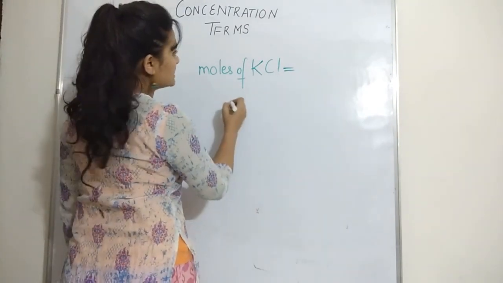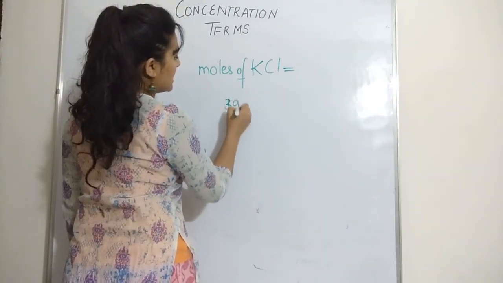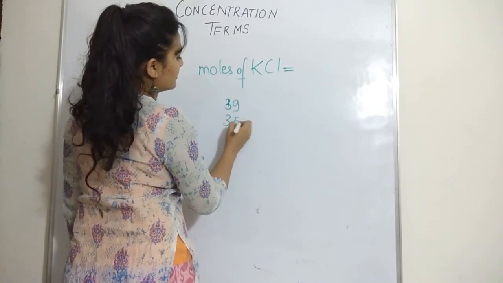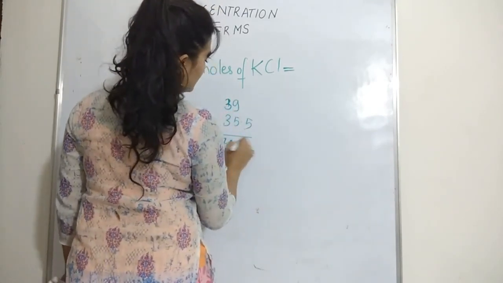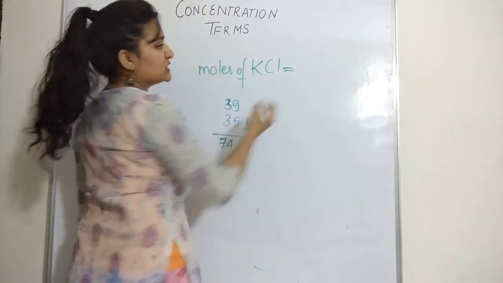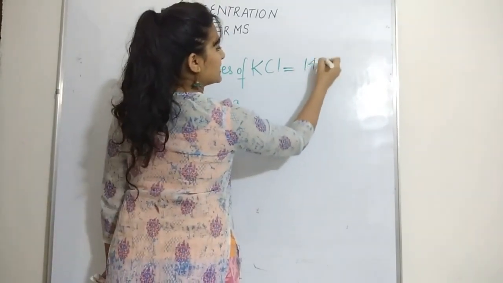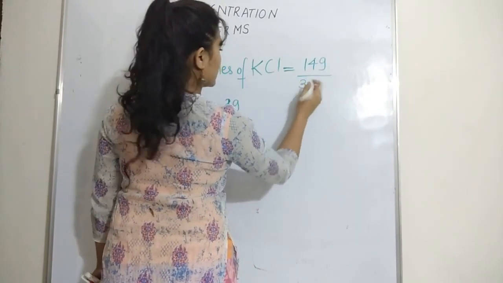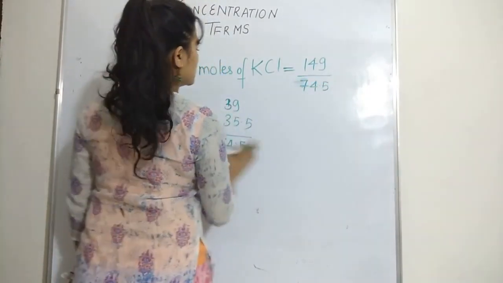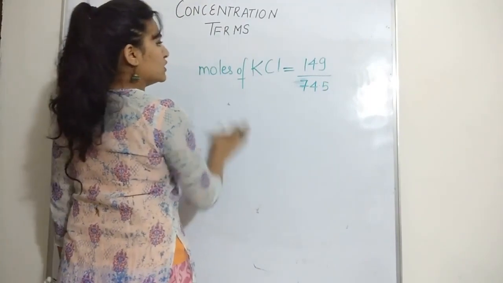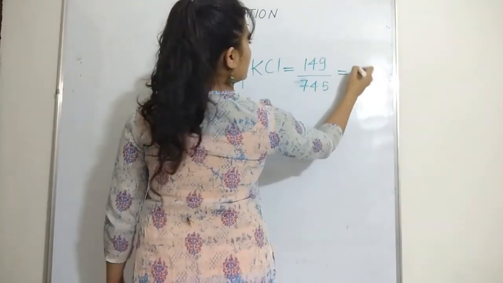Molecular mass of KCl is K is 39 and Cl is 35.5. So it will be 74.5 the molecular mass. And in the question the weight is given as 149 gram. 149 grams upon 74.5 grams. So that's your mole, which is equal to 2.